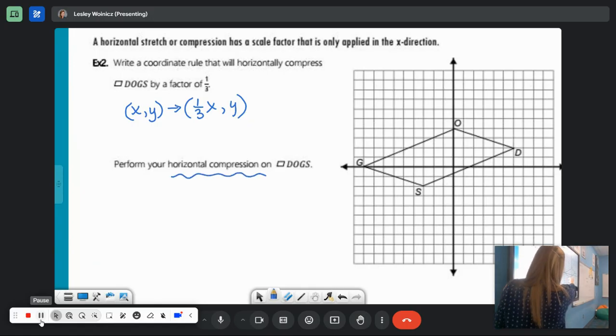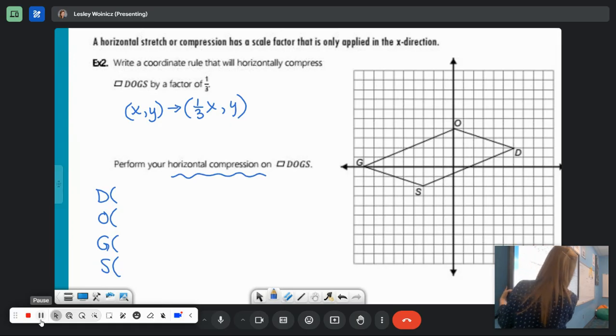So let's get our ordered pairs. D, O, G, and S. Will you help me out? It's really hard for me to see when I'm this close to the board. What's the ordered pair? Is it 5 or 6? 6, 2? 6, 2? 0, 4.